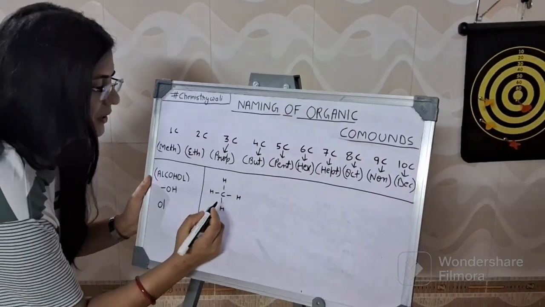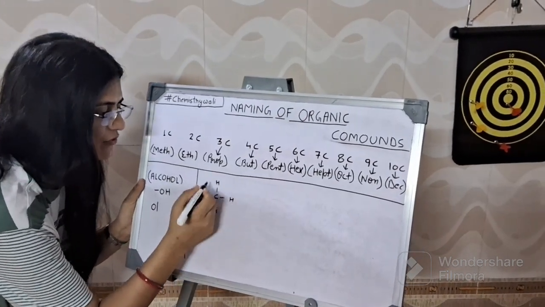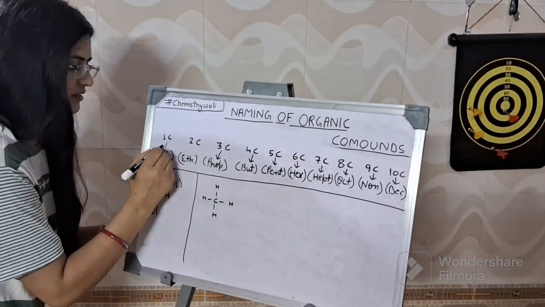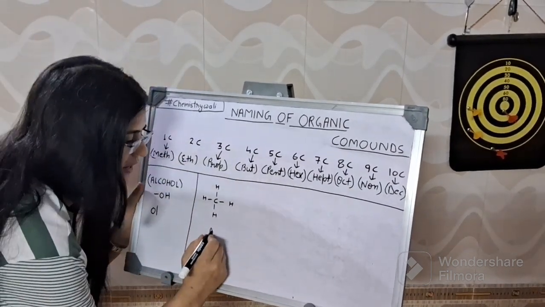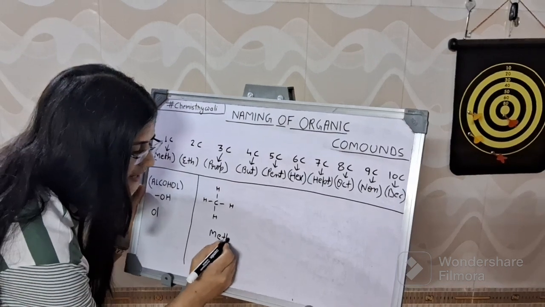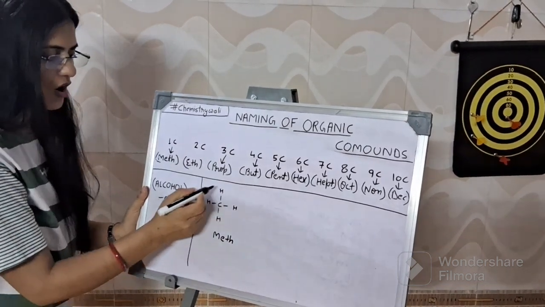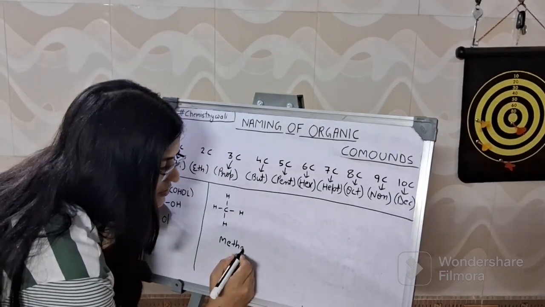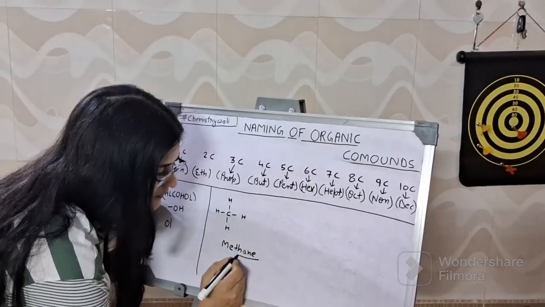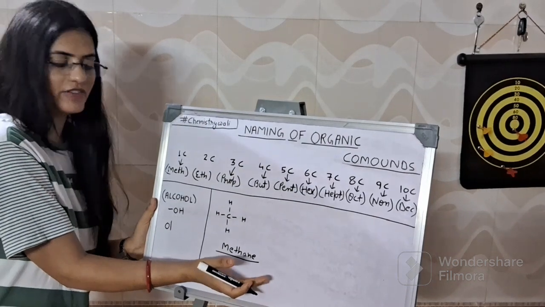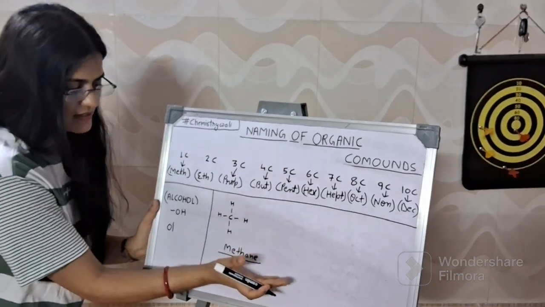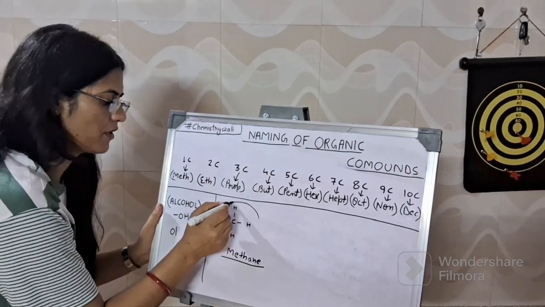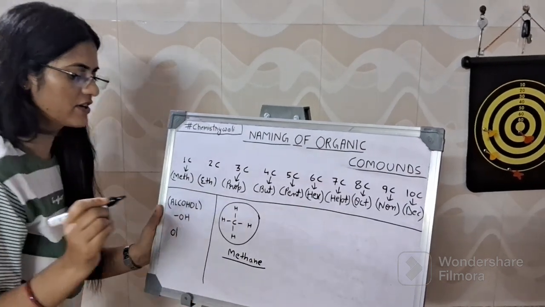Now this compound, 1 carbon is there and 4 hydrogens are there. 1 carbon means we will use meth. M-E-T-H, meth. Now all four are single bond. For single bond we will use ane. Now this is easy for everyone, I think. Methane. This is methane. So this is a simple compound without any functional group.